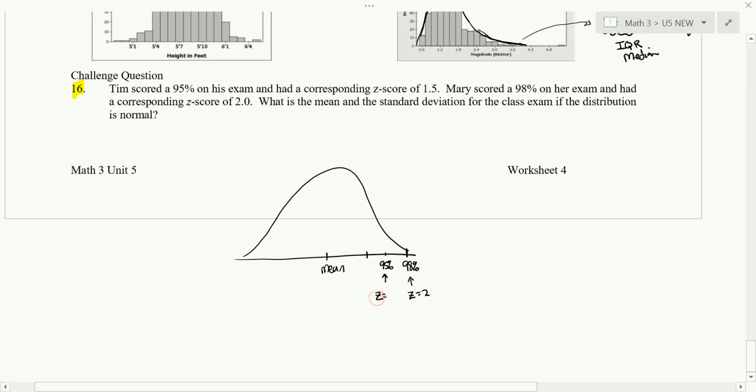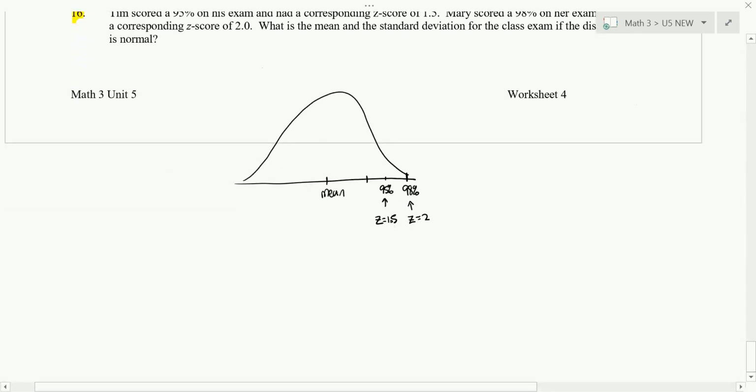And that has a z-score of 1.5. And we're trying to figure out what the mean and standard deviation are for this distribution. Remember, a z-score is your value minus the mean over the standard deviation.